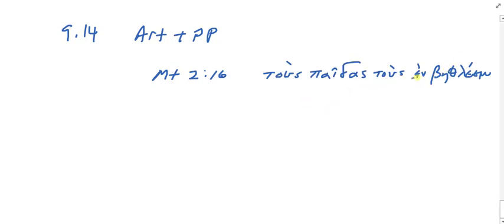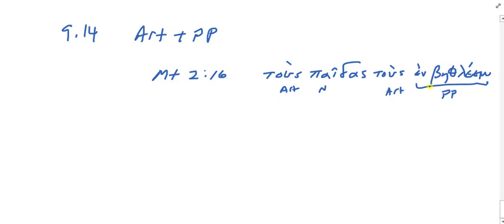So tous paidas, tous en Bethlehem. So this is my noun. This is my article, right? The children, the in Bethlehem. Okay? There's the article. And then here I've got not an adjective, which is what I would expect, right? If I wanted to have an article, noun, article, something, it would be usually an adjective. But here I have a prepositional phrase filling that adjective slot.